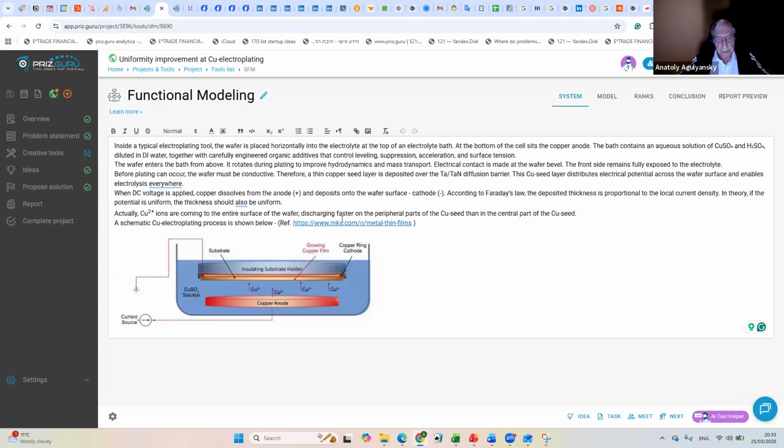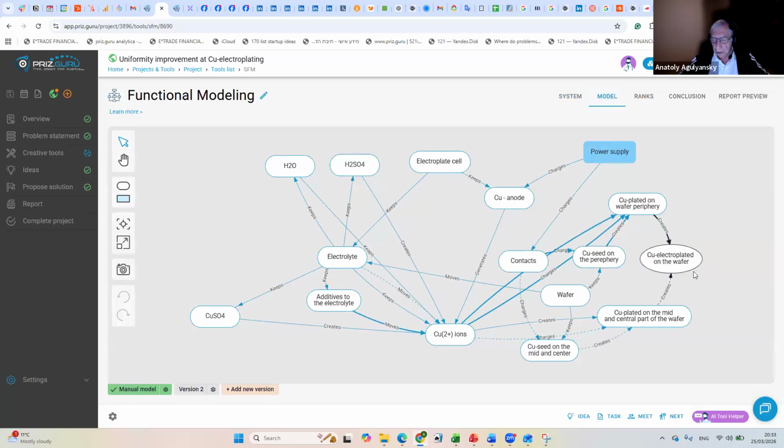And this is a picture of an electroplater. It's not exactly like this, but it's okay. And we created a functional model.